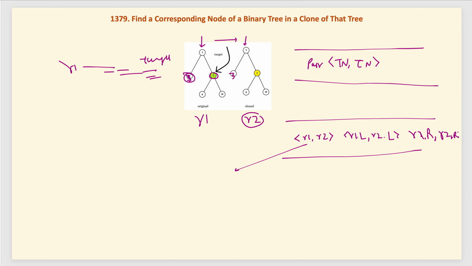This way we keep track of the corresponding node in the clone tree every time and compare the original tree node with the target reference. Whenever the equality holds true, we return the node from the clone tree, which is the reference of our target in the clone tree.